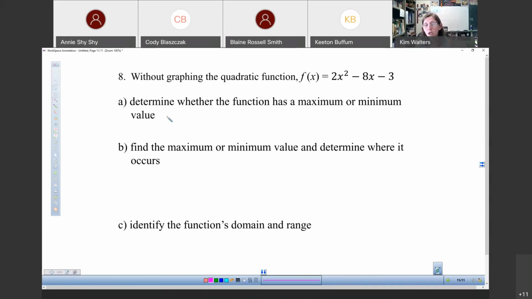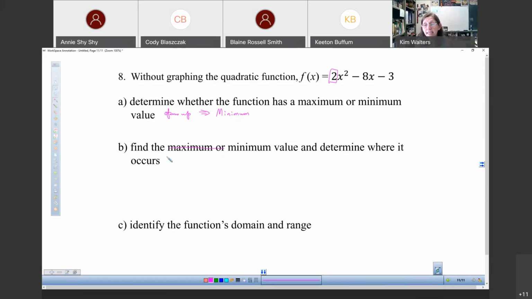This function, and I'm going to walk through it because I got a couple of people who are not answering me. I'm looking at this value here. This is positive. That means it opens up, which means that it's going to have a minimum. So that means I'm not going to find the maximum value, I'm going to find the minimum value.